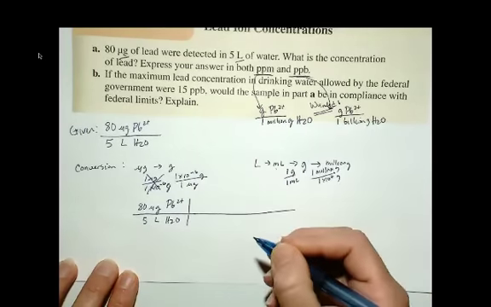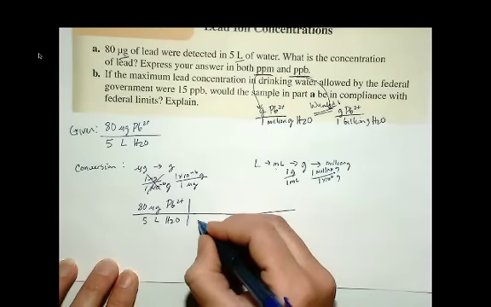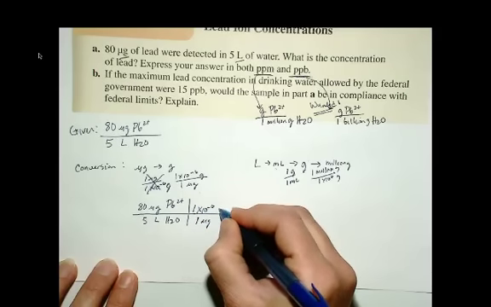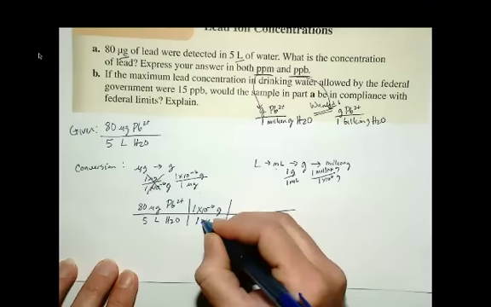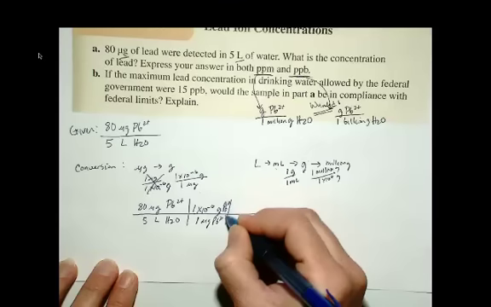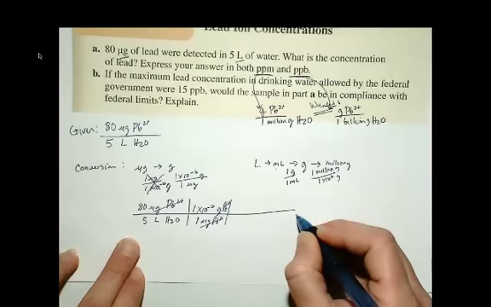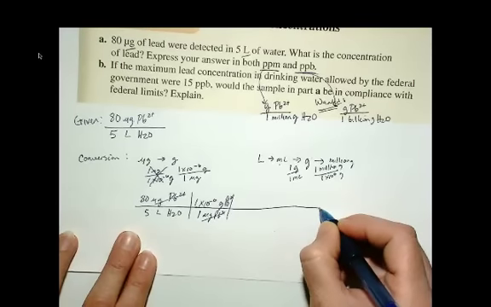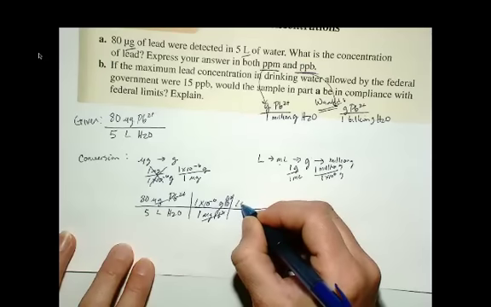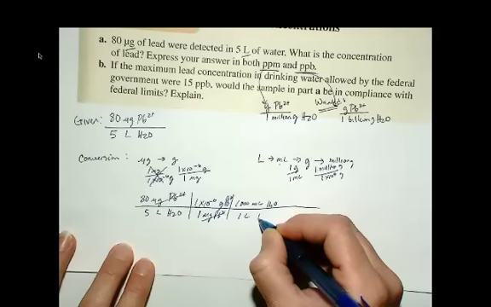First I'll do the easy one, convert from micrograms to grams. 1 microgram is equal to 1 times 10 to the -6 grams, of lead ion. Now I'm in the correct units there, so this unit is going to cancel. Now I'm going to work on my denominator. 5 liters, I need to get to milliliters. There are 1,000 milliliters in 1 liter of water.